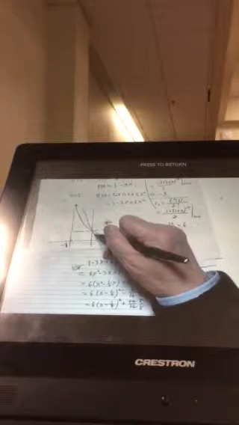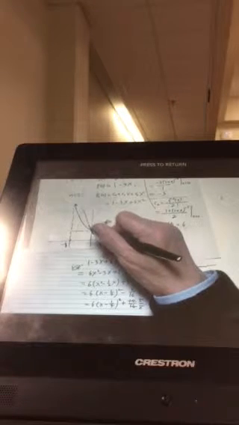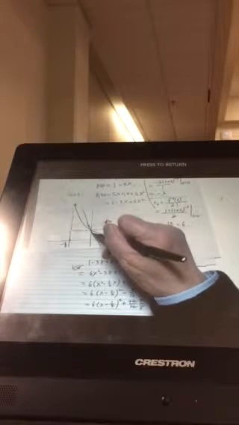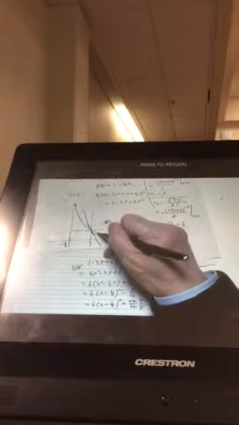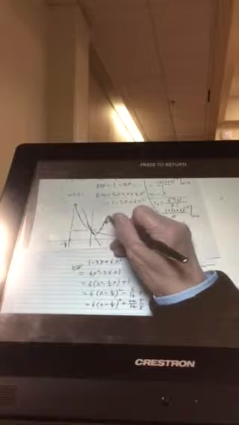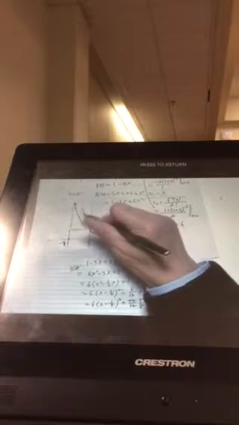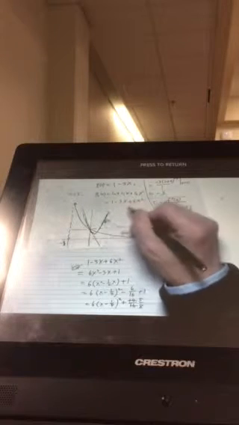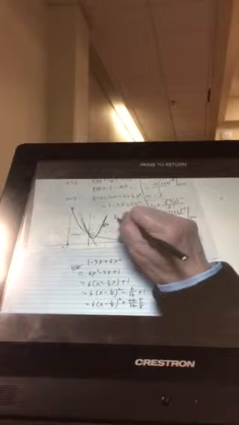So about here, something like this. This is 1/4. Yeah, like this. This is the graph of p sub 2 of x.